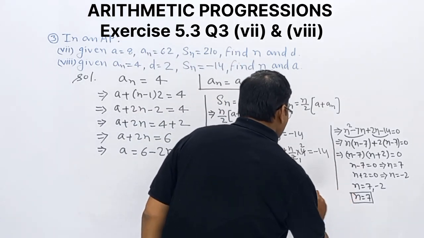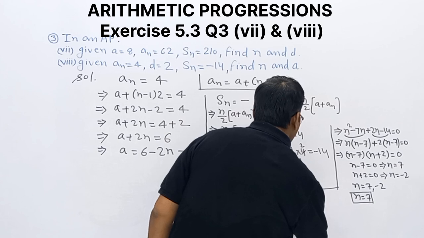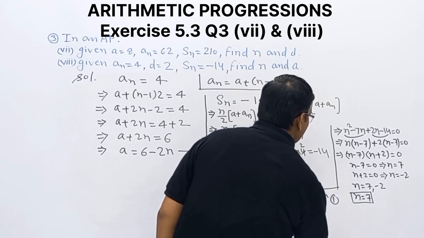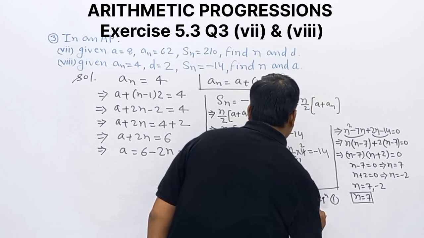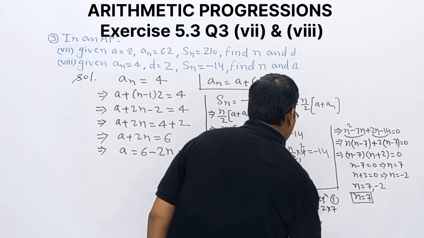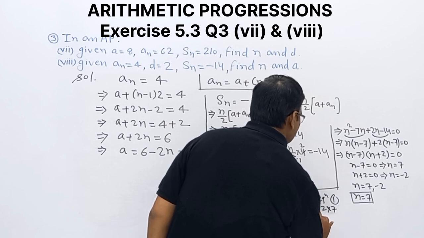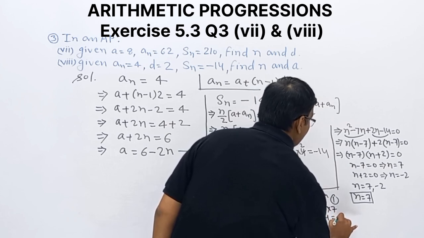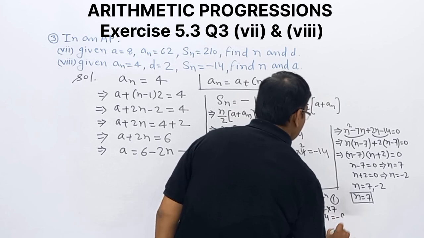Now what about a? From equation 1, a equal to 6 minus 2 into n, which is 7. So finally a equals 6 minus 14, we get minus 8.